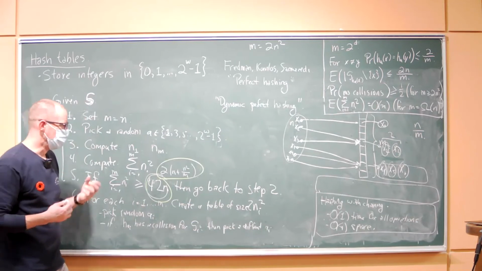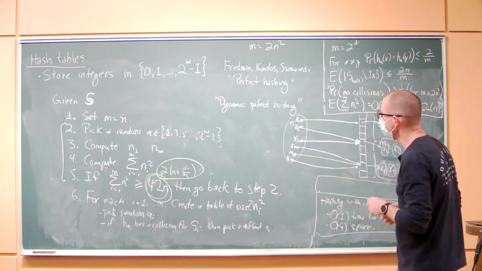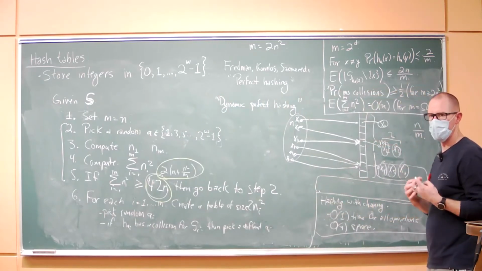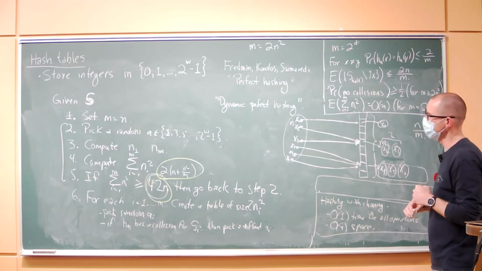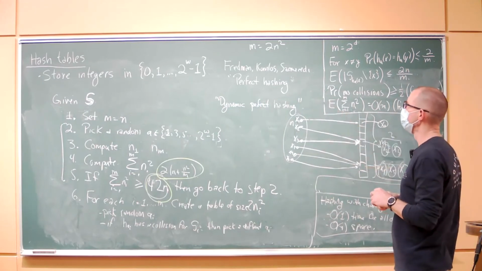So the add and remove operations take constant expected and amortized time, but the searches still take constant worst case time. So it's basically how to maintain this table. That happened about 10 years later that this paper appeared.